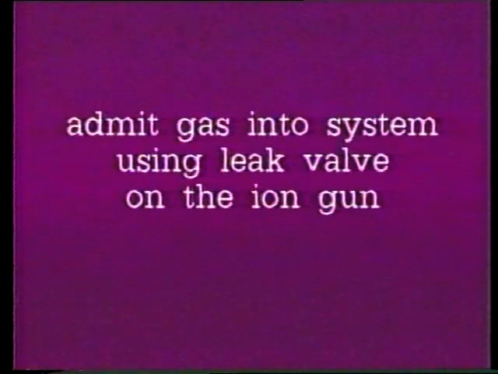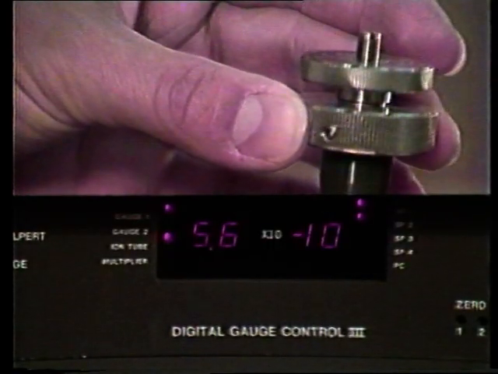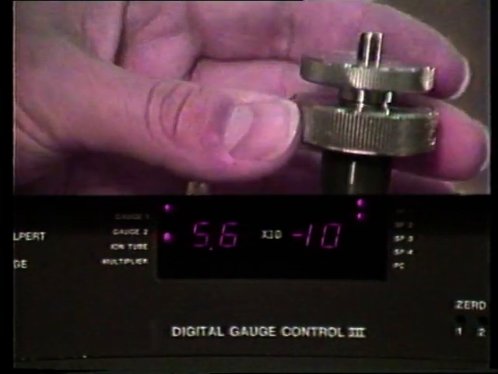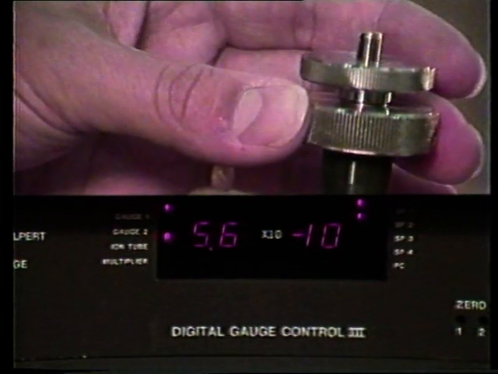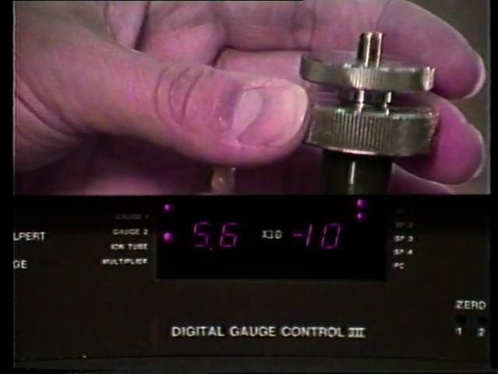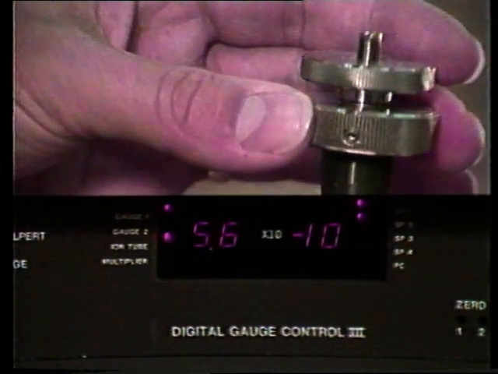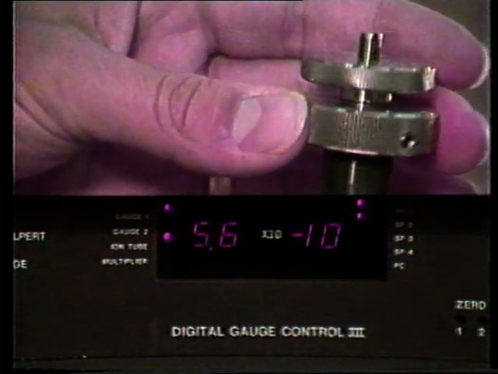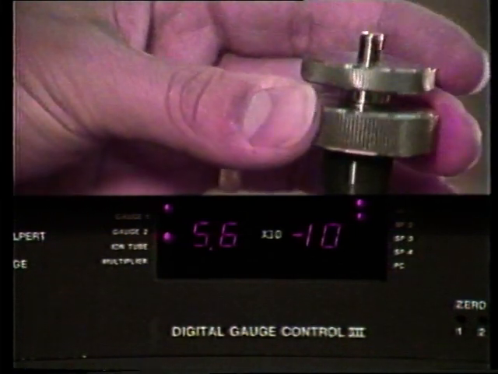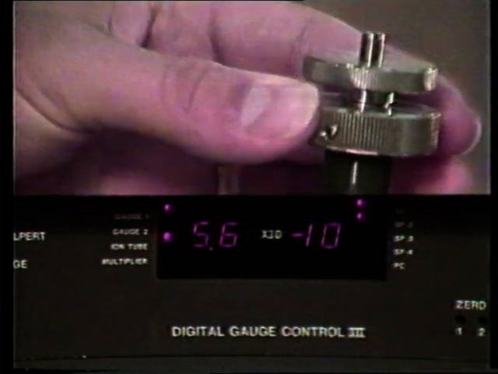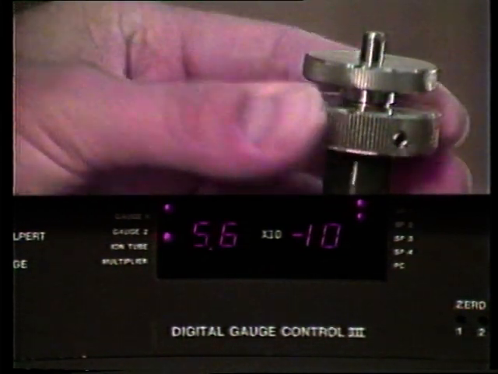Next, we want to admit gas into the system using the variant leak valve located on the ion gun. We turn in the counterclockwise direction as we monitor the pressure on the digital gauge control, which is located in the second bay under the tabletop. Here we can demonstrate both. We turn slowly because we do not know exactly how the leak valve will react.